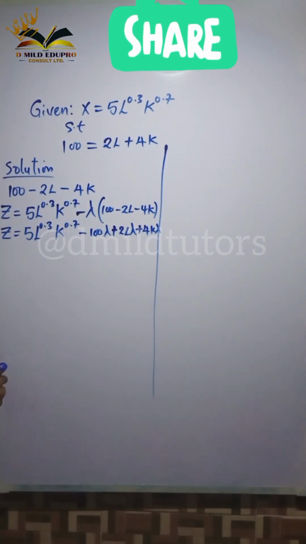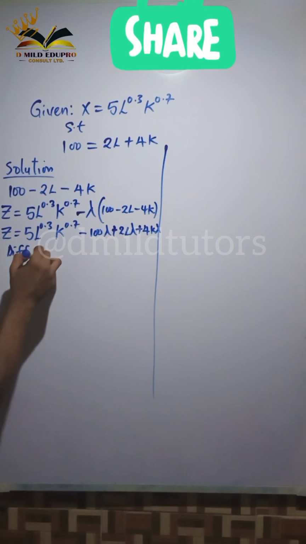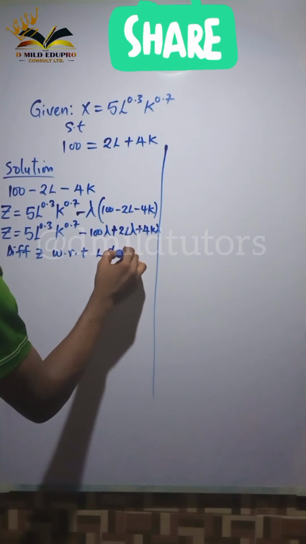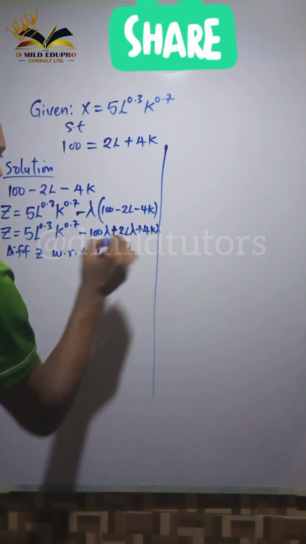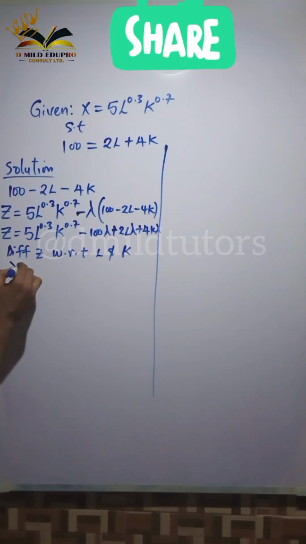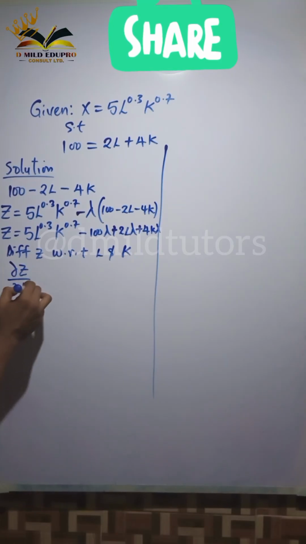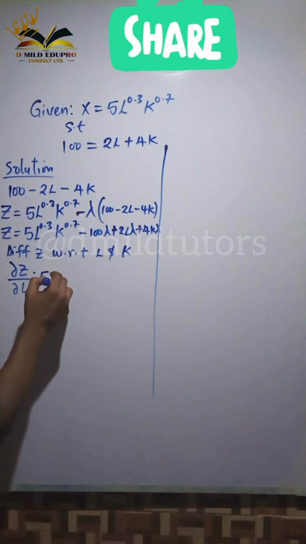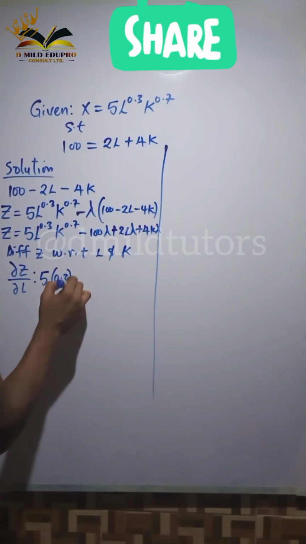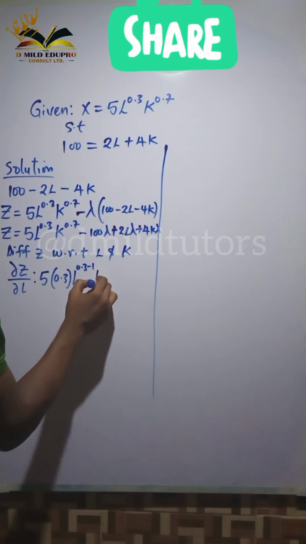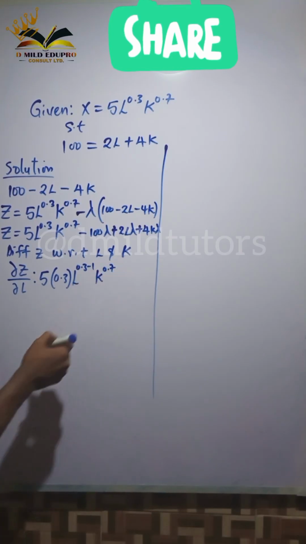Right? So it is at this point now we have to differentiate our Z with respect to L and K. And when that is done, let's start with L first. So you're going to have your 5 multiplied by 0.3, then L raised to the power 0.3 minus 1, then you have your K raised to the power 0.7.